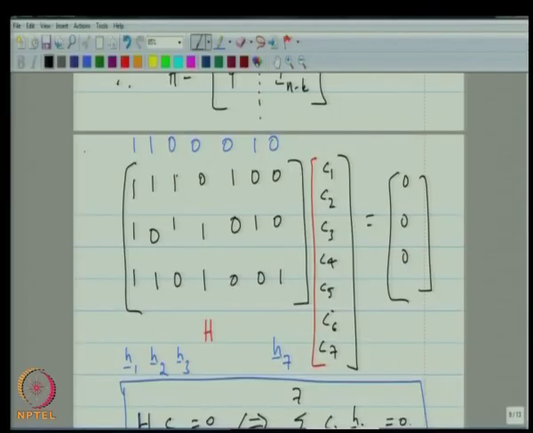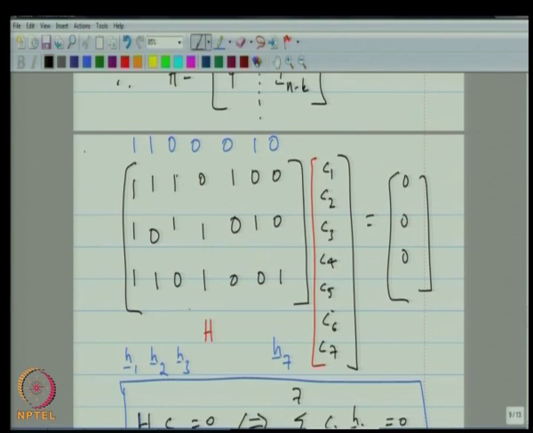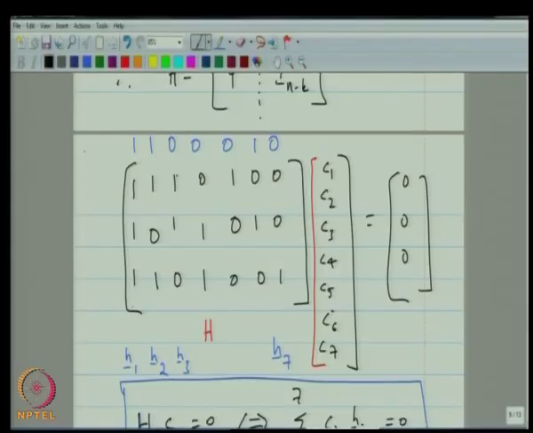So, all that we need to do is compute S. Now, S is the largest integer such that any S columns of the parity check matrix are linearly independent, and you can see by inspection that any two columns are linearly independent, because they are dependent only if they are the same and none of them are the same. Okay. S cannot be 3 because you can find subsets of 3 columns which are dependent. For example, the first, the second and the sixth are dependent, as we saw earlier, because the sum of the first and the second is precisely the sixth column.